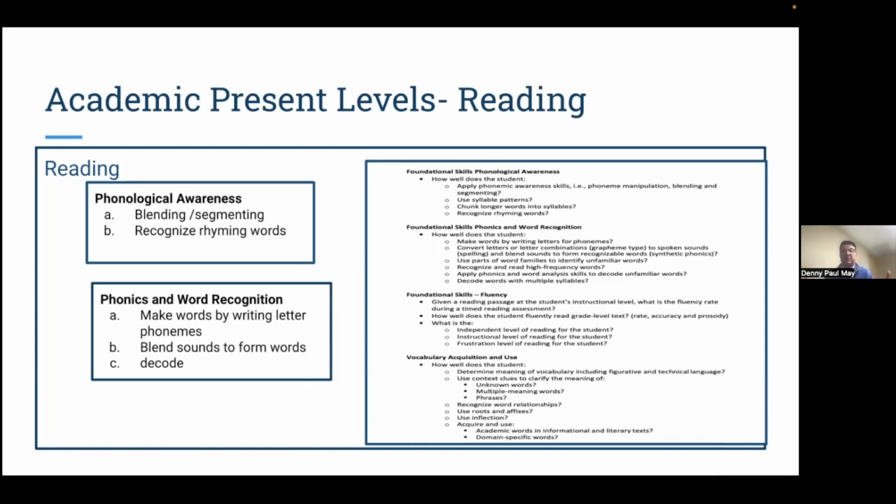There's a breakdown there somewhere. And I'm not a reading specialist, don't even profess to be, but I know that this can help you understand what it is that we're talking about when we're talking about reading difficulty. And these are the types of things that you would focus on: applying phonics and word analysis skills to decode unfamiliar words, using context clues, those types of things.